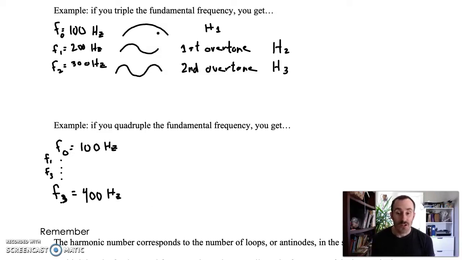Okay, and we already drew what that would look like over here. 400 Hertz now, or the fourth harmonic, is going to have 4 antinodes. So like this. 2, 3, 4. Okay, now if it was a guitar string, it wouldn't look anything like this, right?